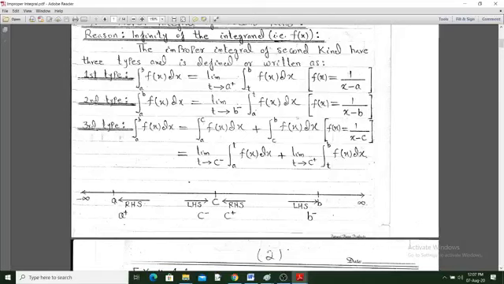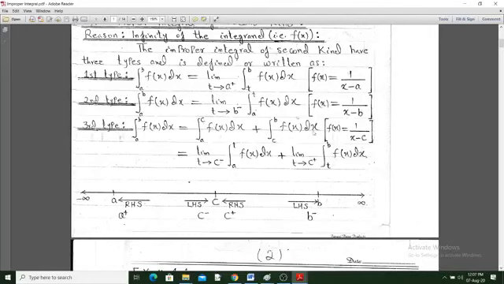So we move towards a only as a positive. Similarly, from b we can move only from the left hand side, not from the right hand side, because we are never greater than b. So the integral from a to b means x is always equal to or less than b, and we always move towards b from the left hand side, which we denote by b minus.